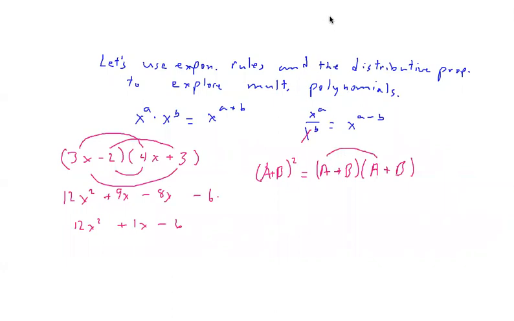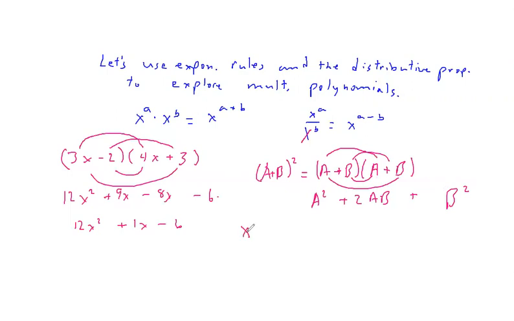And when I FOIL this, I get the first is a squared, the last term is b squared, and then look at these two middle parts, b times a or ab, a times b or ab. So there's two ab's. So whenever I have this situation, a plus b squared, it's just the first squared, the last squared, plus 2 times a times b.